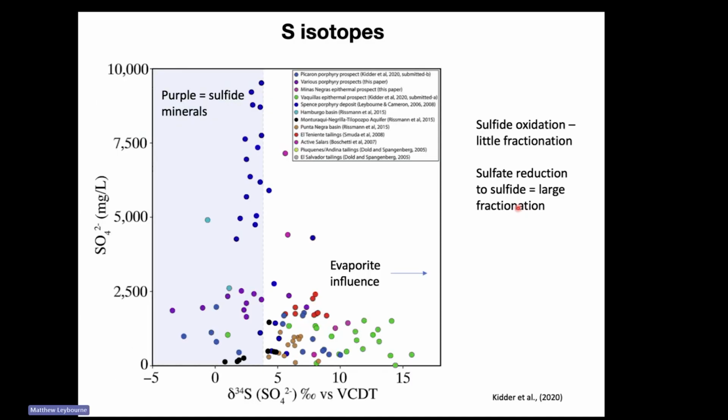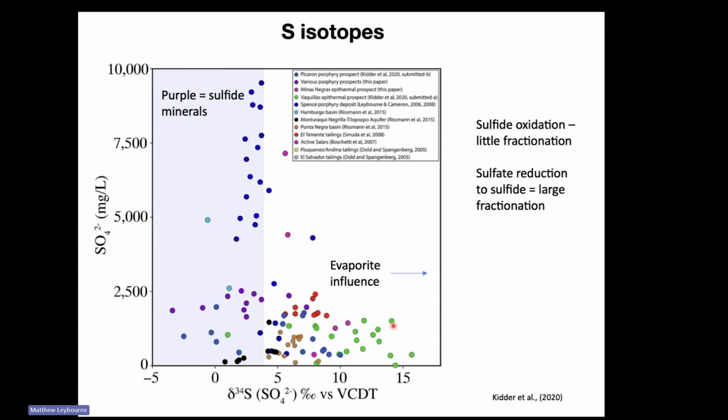And this is a compilation from northern Chile, related to porphyry copper deposits, that a former student of mine put together. Basically we have the amount of sulfate in groundwaters on the y-axis, and the sulfur isotope value of sulfate in groundwaters on the x-axis. The purple field here represents the sulfur isotope values of sulfide minerals in the ore deposits.